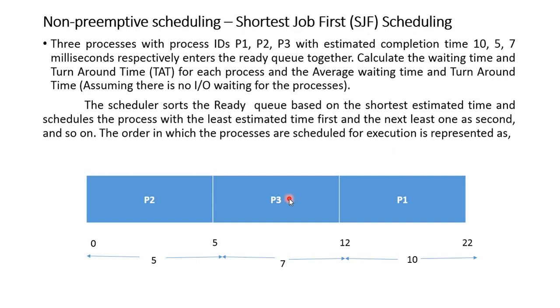The execution time of P2 is 5 and of P3 is 7, so 5 plus 7 is 12. The waiting time for P1 is 12 milliseconds. So these are the waiting times and the execution times for each of the processes.